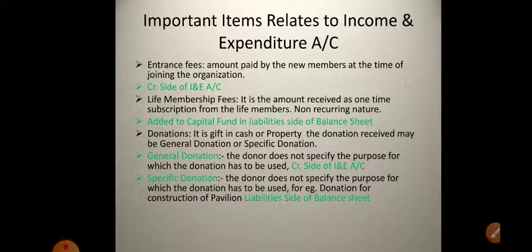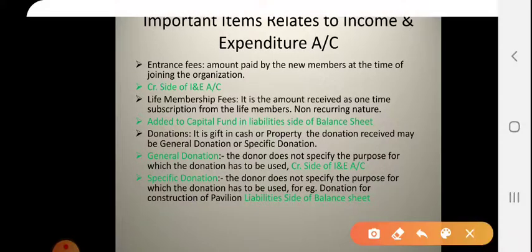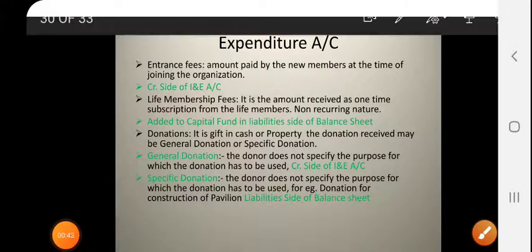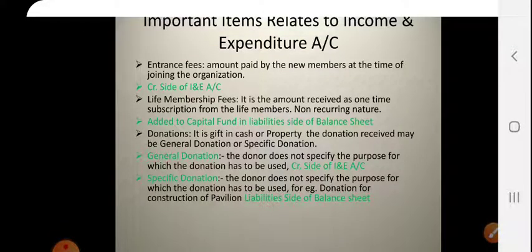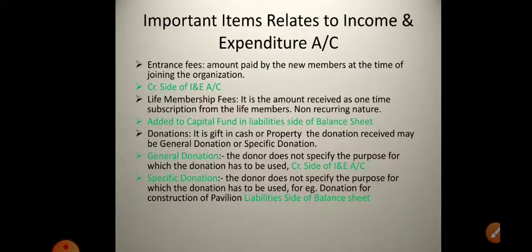So the first is entrance fees. What is it? It is the amount paid by new members at the time of joining the organization. Suppose there is a sports club. A sports club is a type of not for profit organization.